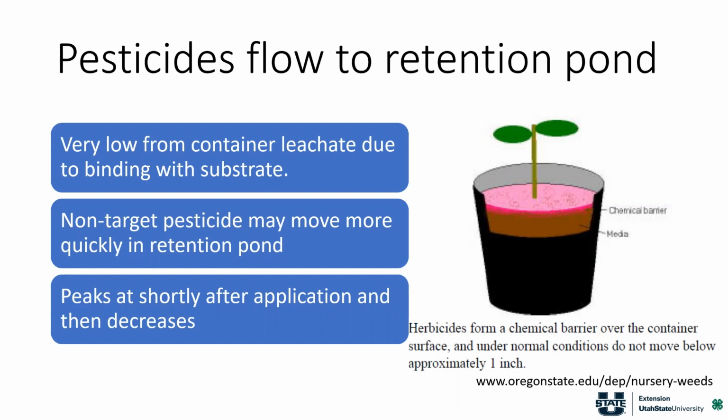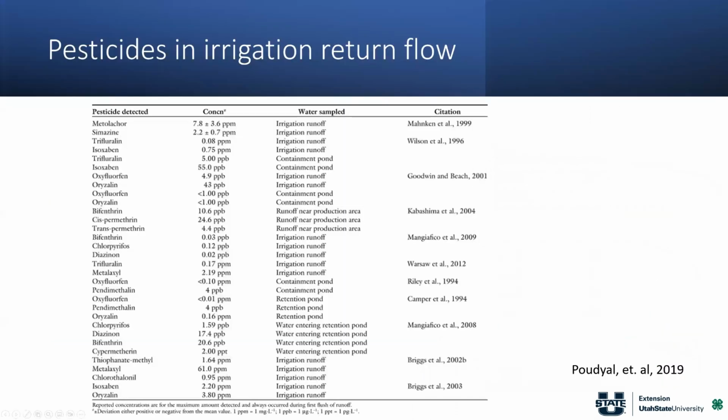Now, I talked about all these factors that affect the concentration in the retention pond. Let's look at the concentration itself from a real world scenario. These are real world cases as well. When we look at the concentration, usually it's found in parts per billion.